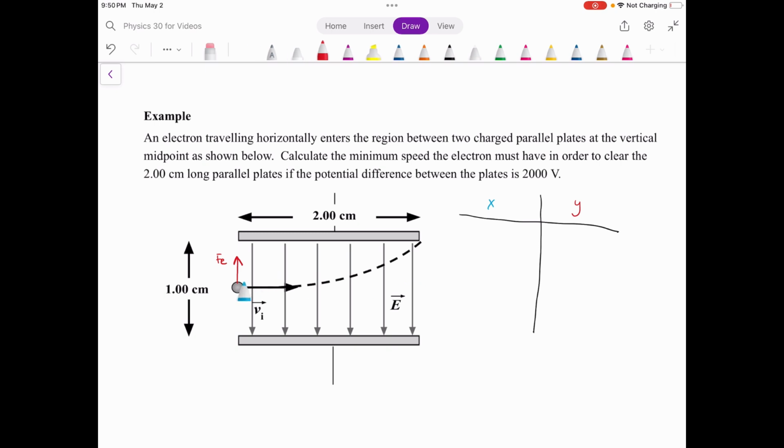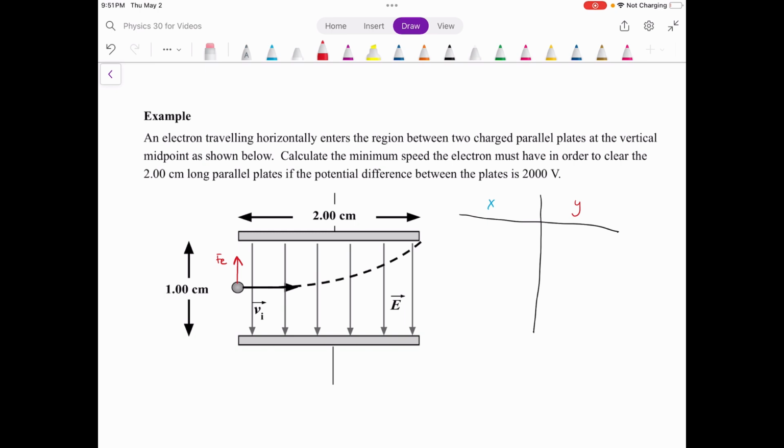It also vertically starts out from a velocity of 0, reaches some final velocity, and has some acceleration. And we can think about that acceleration because we know the mass of an electron, right? We always have that. And we can start thinking about the force that's acting on it because we do have the voltage and we do have the distance, so we could maybe figure out the electric field. But let's not get too ahead of ourselves.